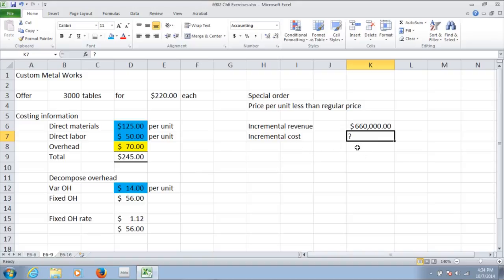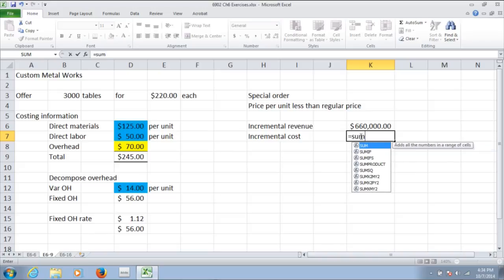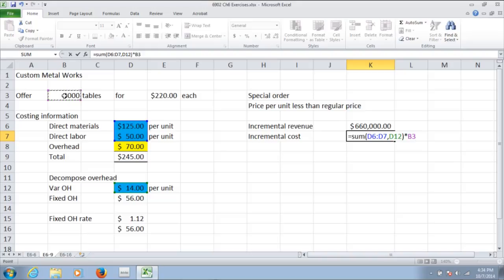Our incremental cost then, if we replace this over here, would be summing the direct materials, direct labor, and also the variable overhead, and then multiplying that by the 3,000 tables.